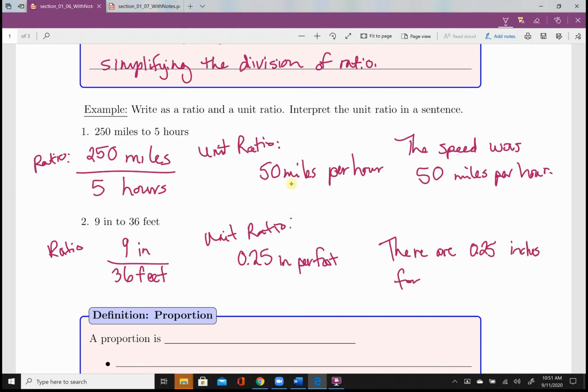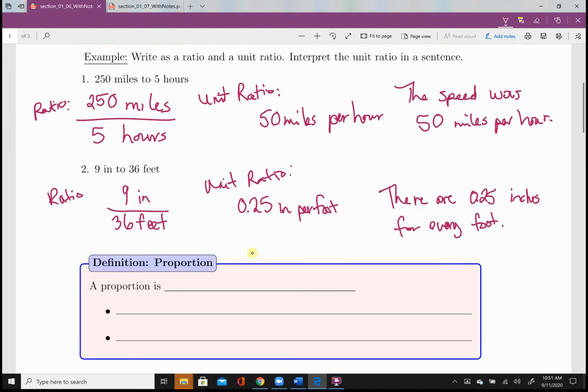And what would be the context in which this would be useful? Maybe some sort of scaling with a map, or some sort of other kind of blueprint item. You know how you draw things on paper much smaller than they are in real life in order to come up with a plan for how you're going to build something. Yeah, that could be a context in which this would be somewhat relevant.